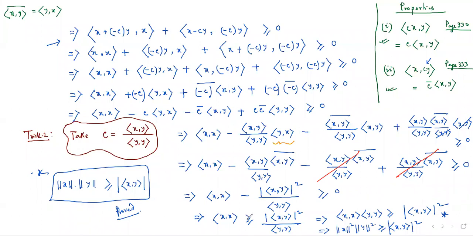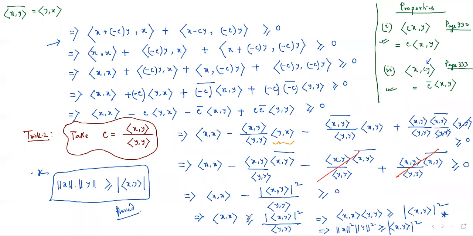Now, if you want to forget everything about the Cauchy-Schwarz inequality after the class ends, forget how you actually prove it. What you need to remember are the following three things. First, you need to remember the form of the Cauchy-Schwarz inequality: norm of x multiplied by norm of y is greater than or equal to the modulus of the inner product x comma y.